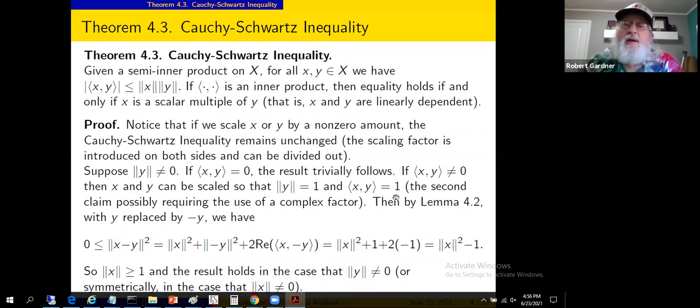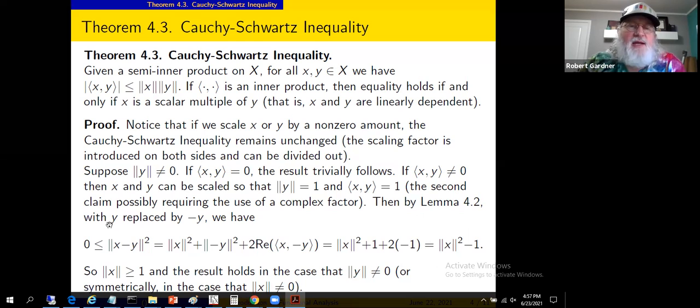That can be done. It changes the vectors, but it changes them by factors that don't affect the behavior in the sense of the Cauchy-Schwarz inequality. All right, Lemma 4.2, the elementary identity, basic identity, we called it.